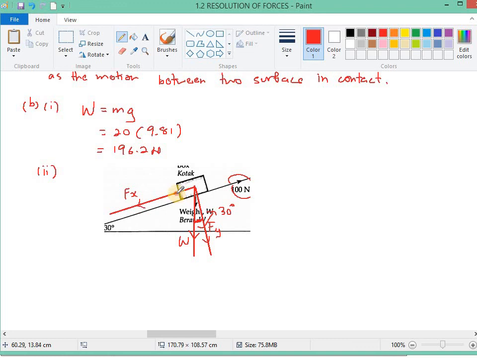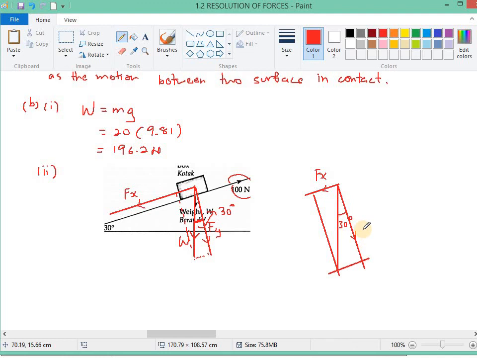So the parallelogram is here. Here is 30 degrees. This one is the component that is parallel to the inclined plane.